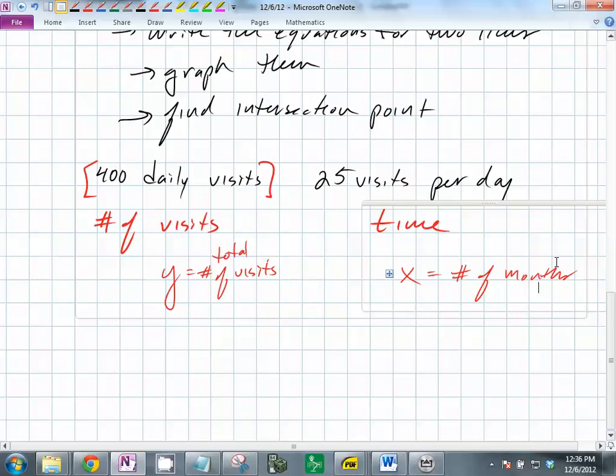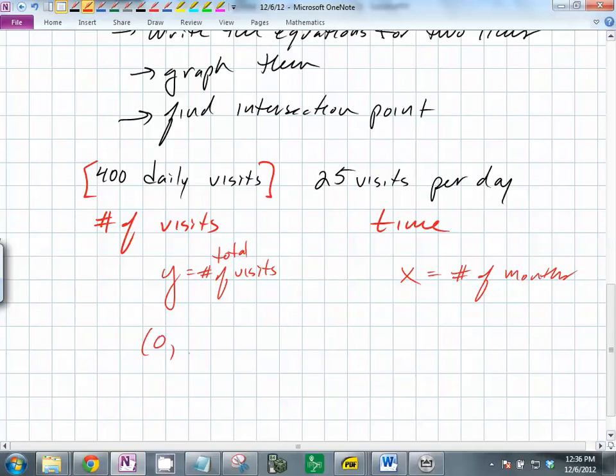0 months. We're saying right now, at a time of zero, how many visits do they have? 400. And they are increasing at what rate? 25 per month. So what does this give us?